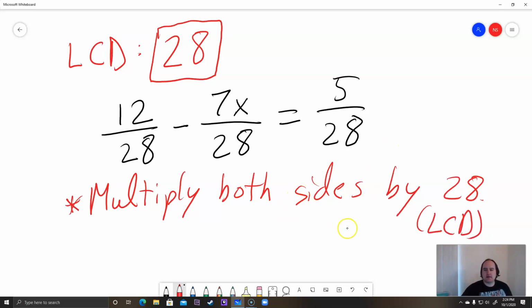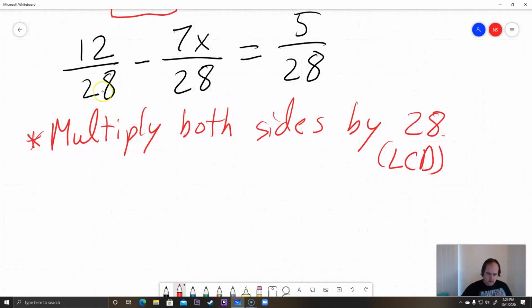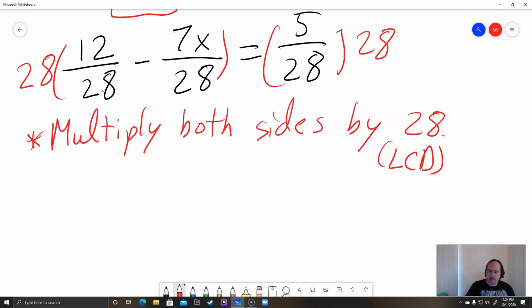So why is that a good idea here? Well, because we actually built all the fractions to 28, we can now multiply both sides by 28, and all the 28s are going to cancel out. Because on the left side, you have a 28 for both denominators, so those 28s cancel out. And then on the right side, the 28s also cancel out.